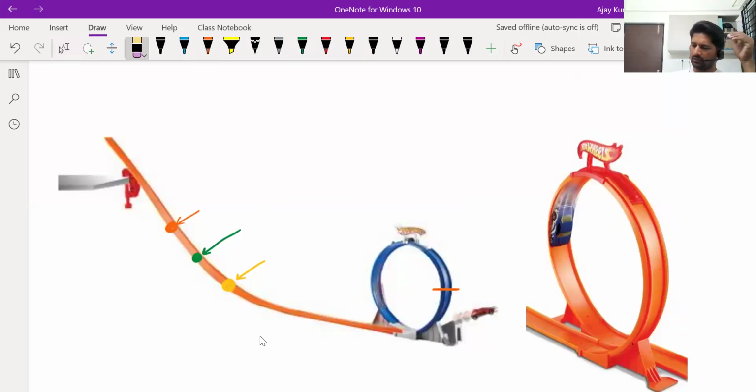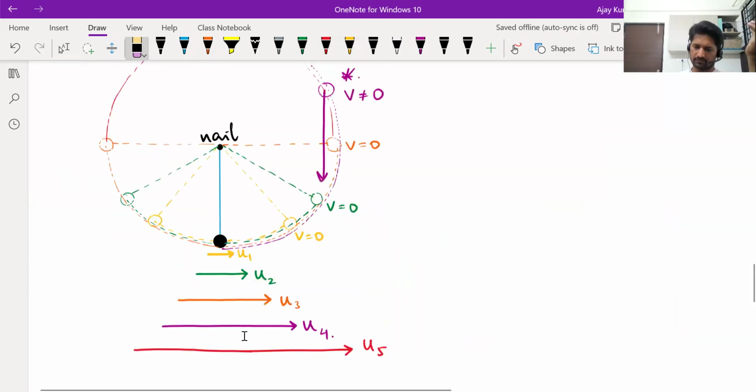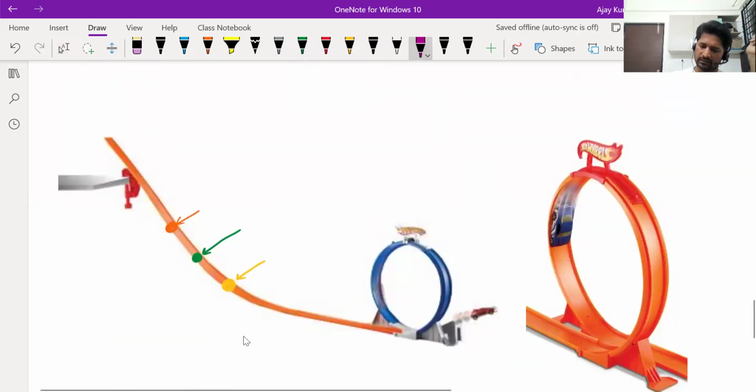Fine. Now you give it velocity just a little bit more than that, just a little bit more than required to clear the horizontal position. This is the interesting case. Here the car enters into the loop. It rises to a certain height. It crosses the horizontal position, but it becomes too slow.